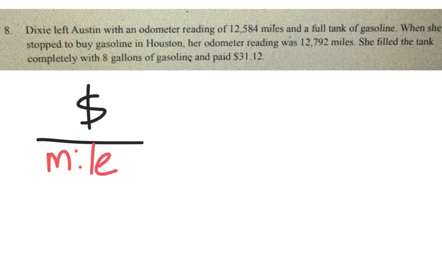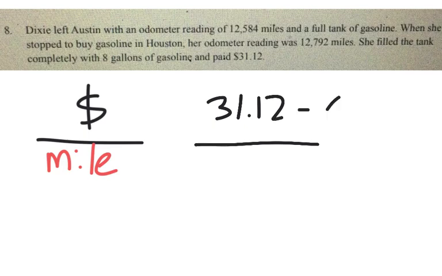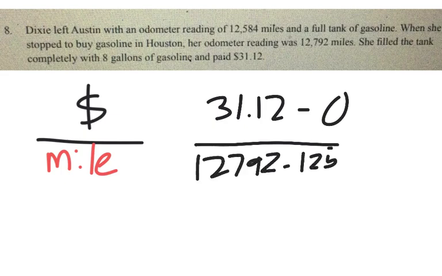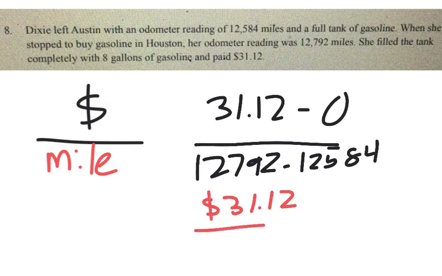So if I did the cost per mile, I paid $31.12 minus 0, if I'm doing the slope, over the final minus the original. So that means I paid $31.12 to drive.